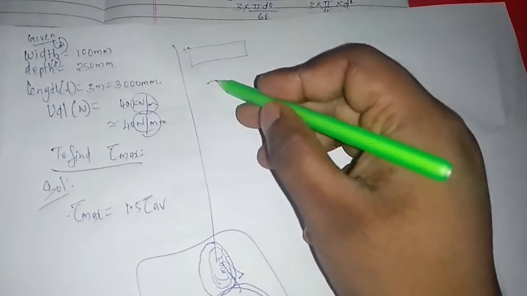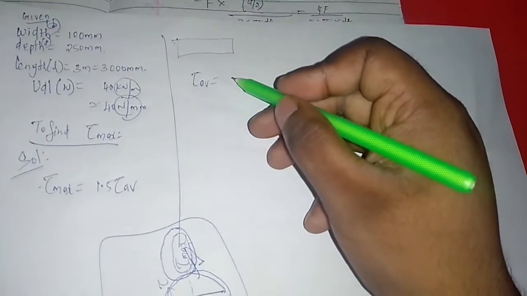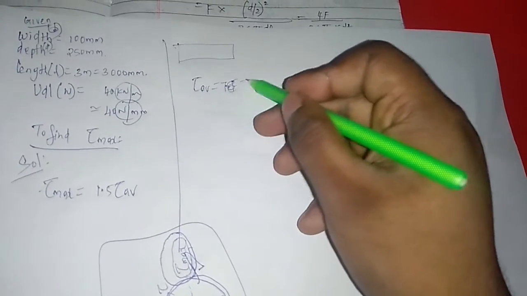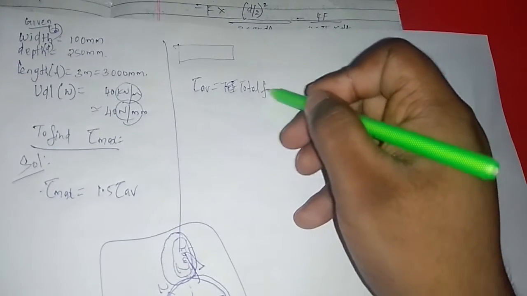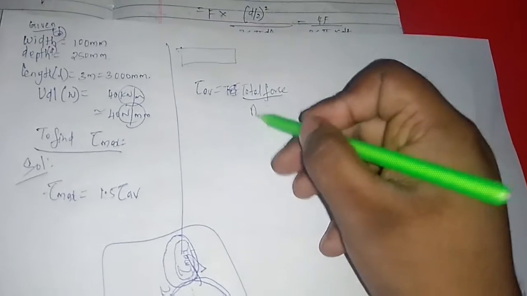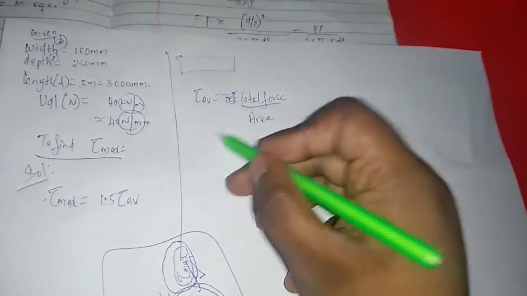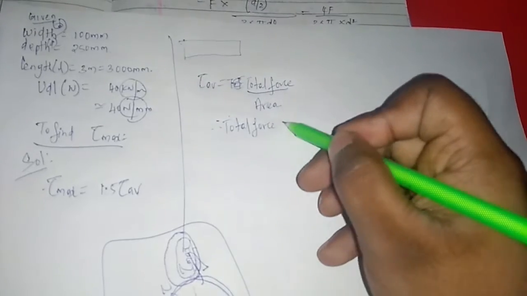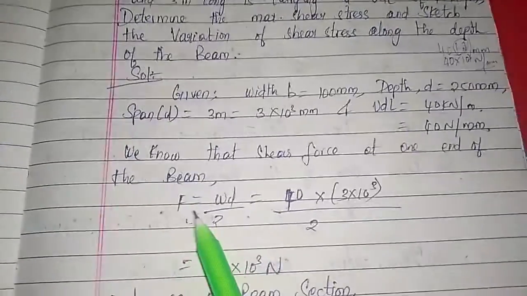So your average shear stress, tau AB, is equal to how much? It is total force by area. So we have to find the total force on a particular section. In order to find the total force, there is a formula.